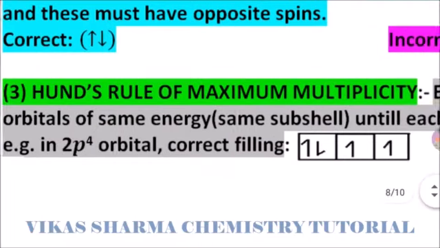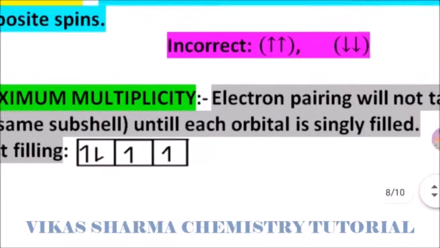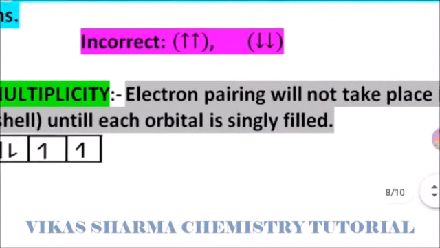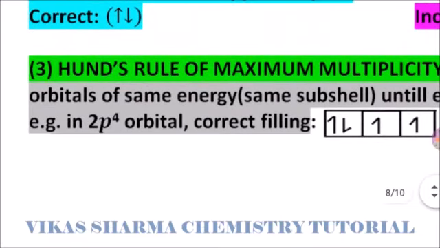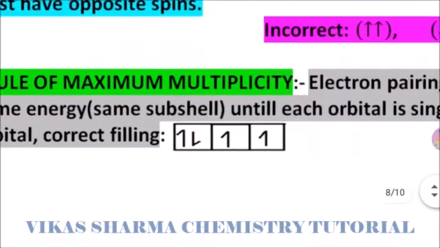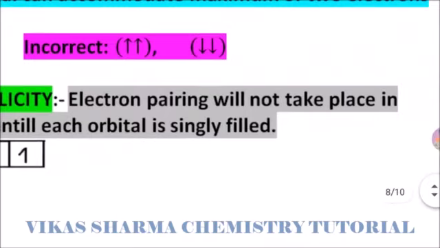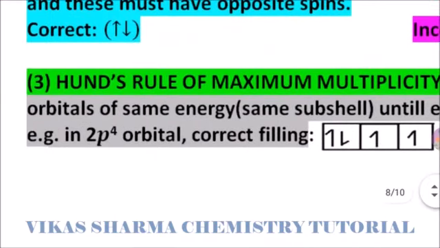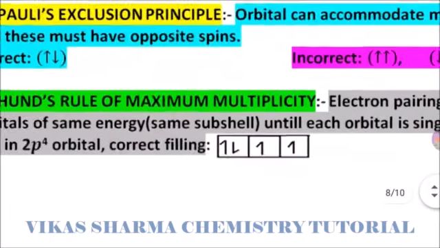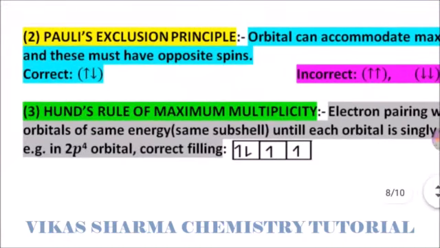Now the rule, Hund's rule of maximum multiplicity: electron pairing will not take place in orbitals of the same energy, meaning the same subshell, until each orbital is singly filled. For example, in 2p4, this is the correct filling. So students, keep this in your mind. First the clockwise, meaning positive spin, electrons are filled, then pairing comes in; first the unpaired condition is followed by the electrons.